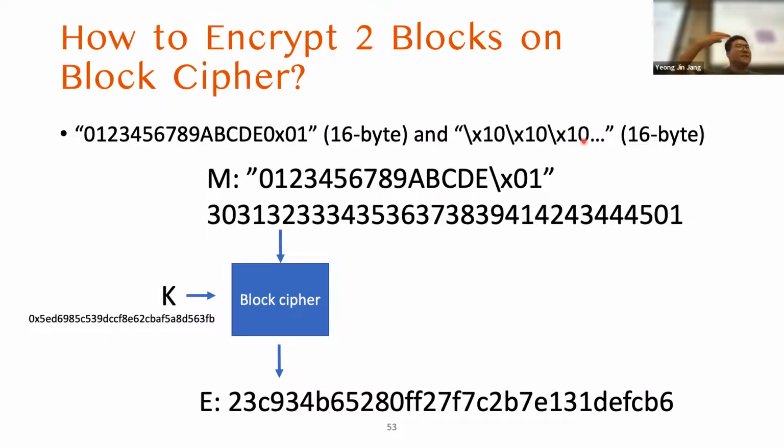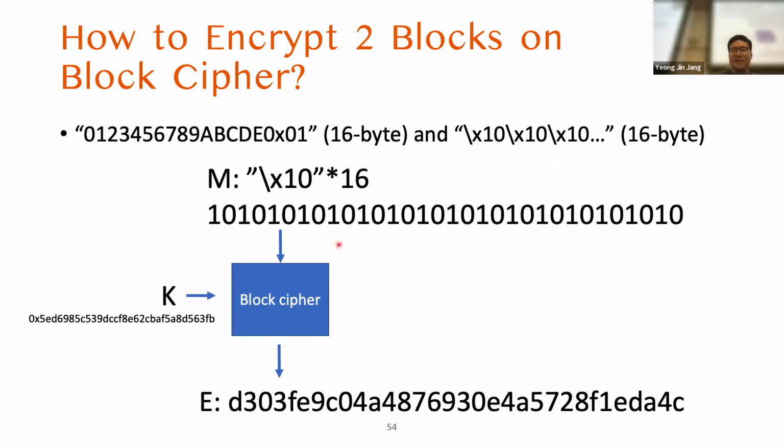For the first round, we use the same key, put in this message, and get the first 16 bytes. Then we move on to the next 16 bytes, encrypt these, and get this result. Then we concatenate the two and send that.